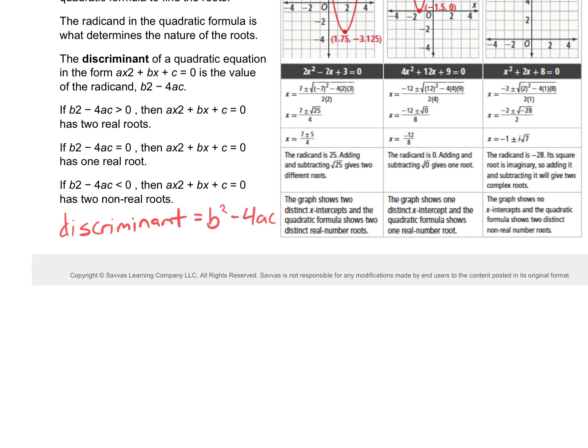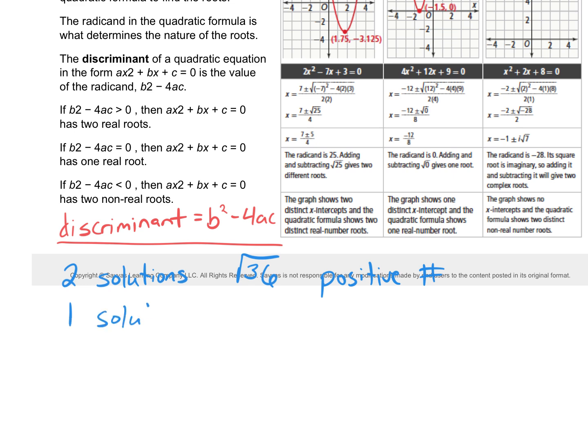There are 3 options. We can have 2 solutions, for example, if I had a positive number in the square root. 1 solution if we happen to get 0 in the square root, because if we get 0 in the square root, that just goes away.